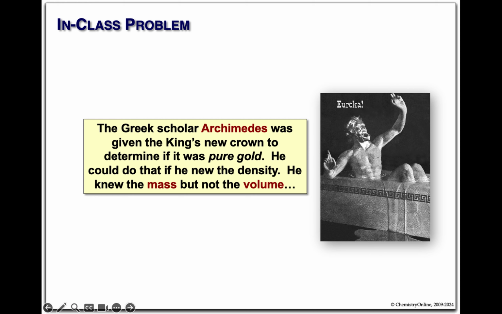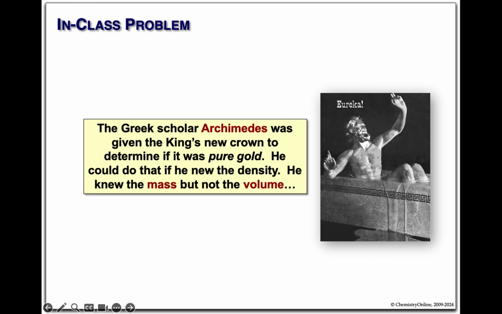Problem. The story goes that one day he crawled in the bathtub that was full, and as he submerged himself, the water ran over the sides. And he said, quote, Eureka, which is ancient Greek for, by George, I got it. Now the rest of the story is he jumped out of the tub, ran through the streets naked, screaming, "Eureka!" Whatever.